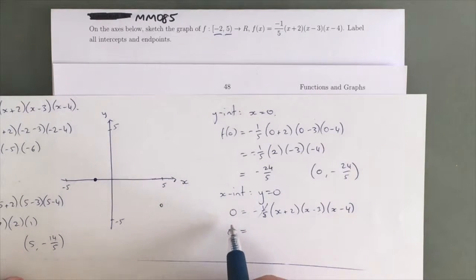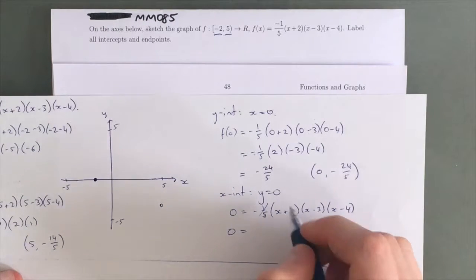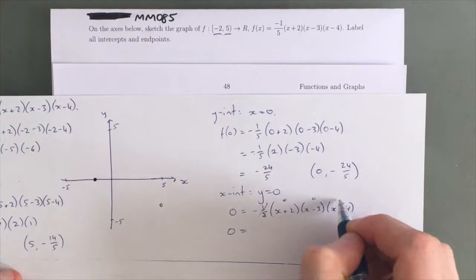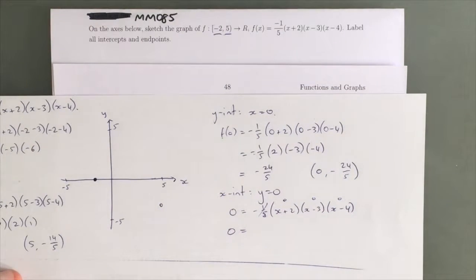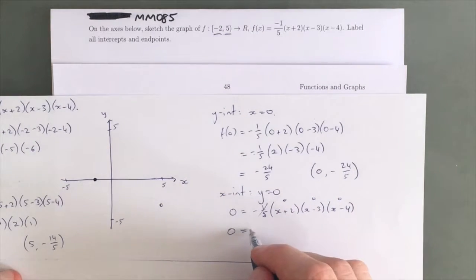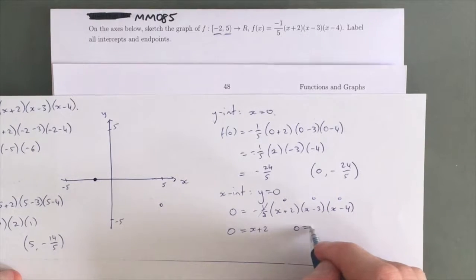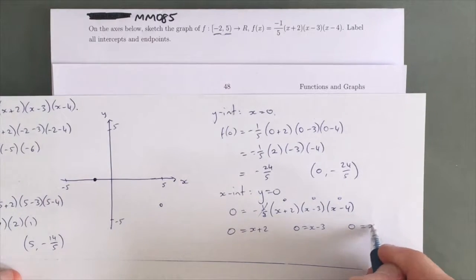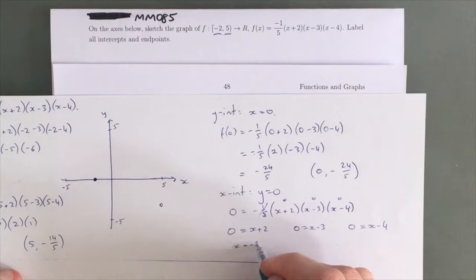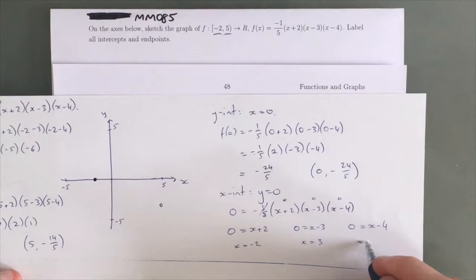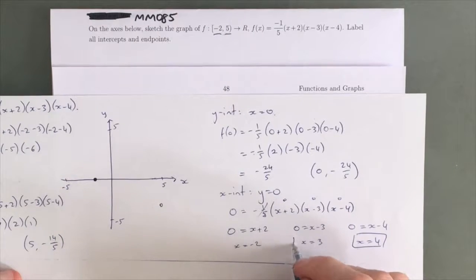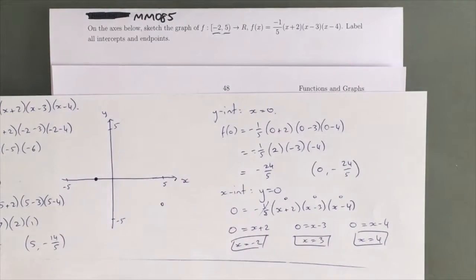Then we simply use the null factor law. The null factor law states that this is equal to 0, this is equal to 0, or this is equal to 0. So 0 equals x plus 2, 0 equals x take 3, and 0 equals x take 4, which means x equals negative 2, x equals 3, and x equals 4. These are our 3 x-intercepts.